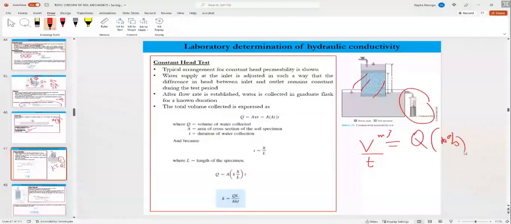That would be the same as the area times the velocity times the time.